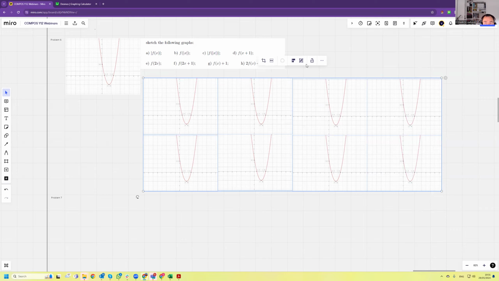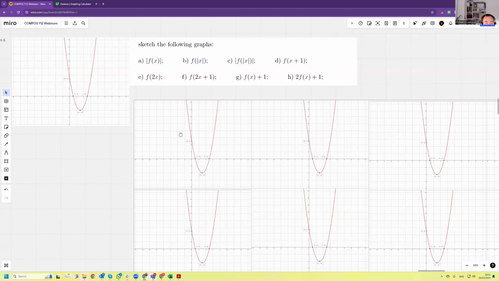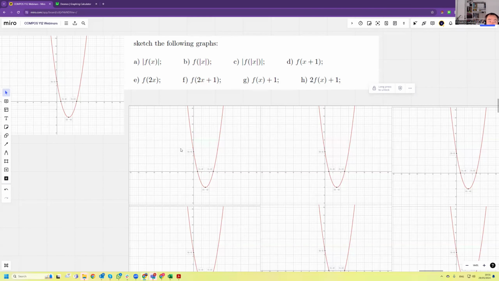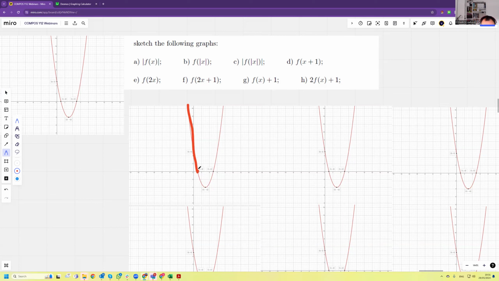Okay. The modulus of x simply flips the bottom of the graph, the negative part of the graph, upwards. So the graph would look like this.